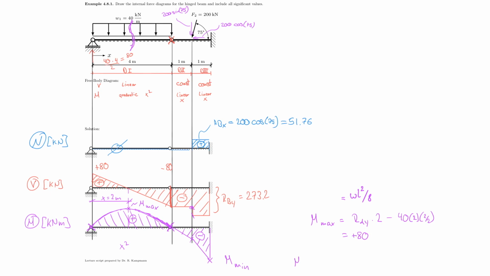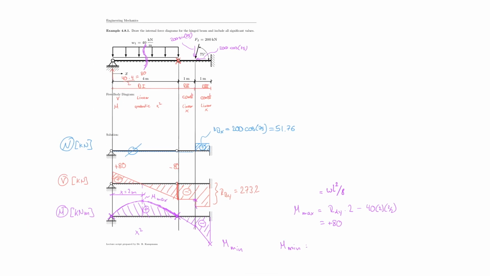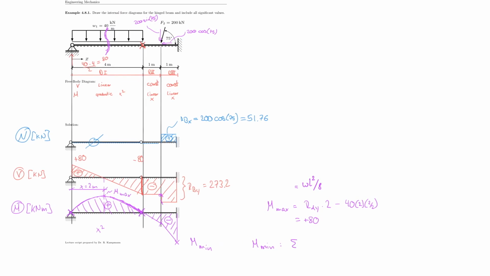For the m min, it becomes a little bit more complicated because it's probably the easiest to start from the left side and cut the entire system. So what would I do? If I want to be really diligent, I would say the sum of the moments is equal to 0.